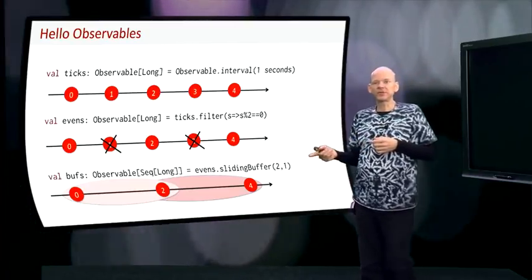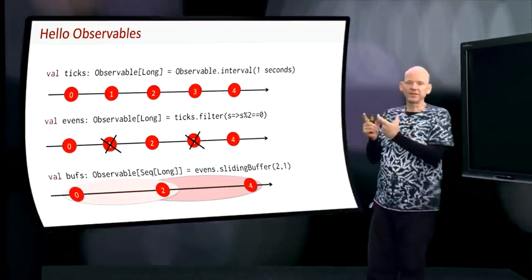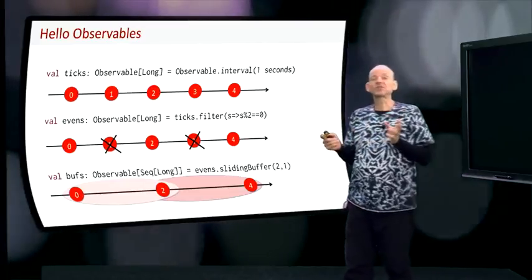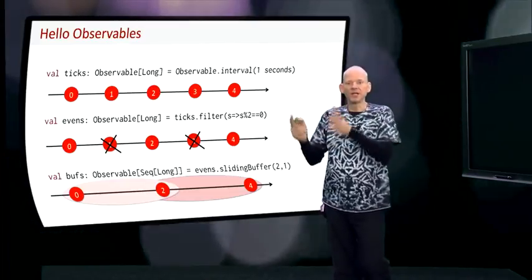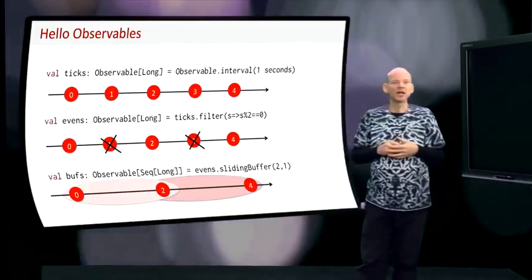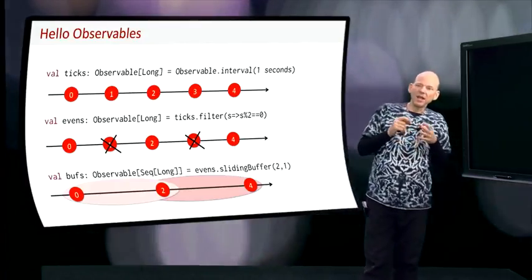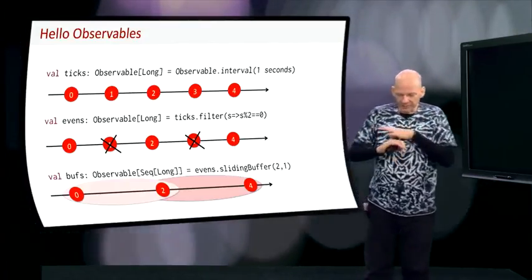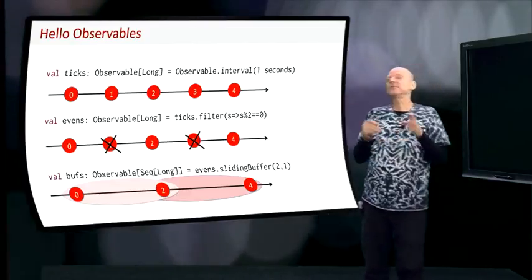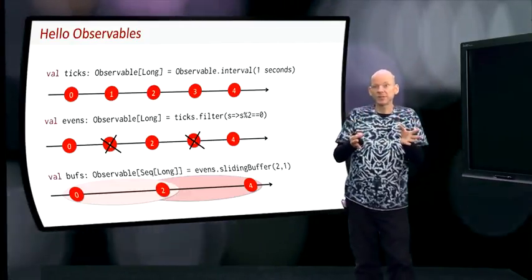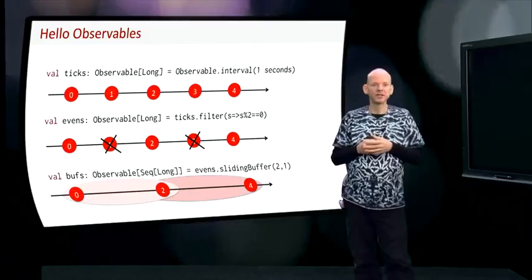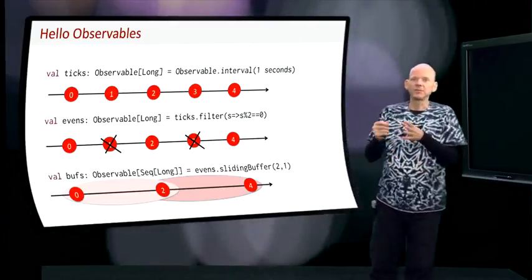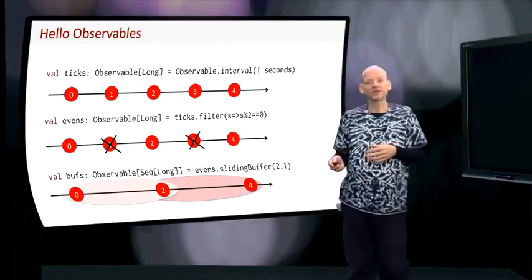And then finally, we're using the sliding buffer, and there you see we're taking chunks of 2 shifted by 1. And there is the output. So I really recommend whenever you're stuck, even with iterables, but especially with observables, draw these marble diagrams. They will be tremendously helpful.